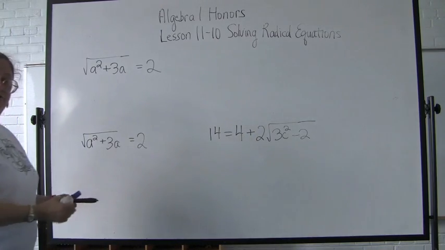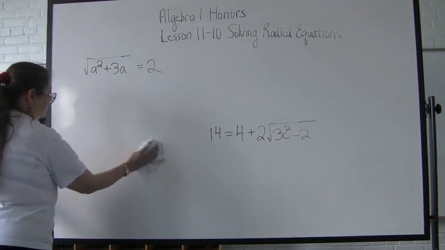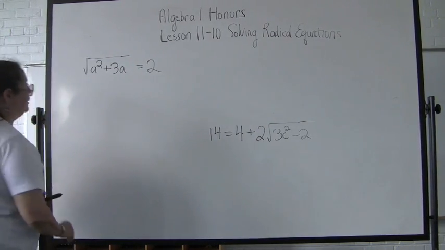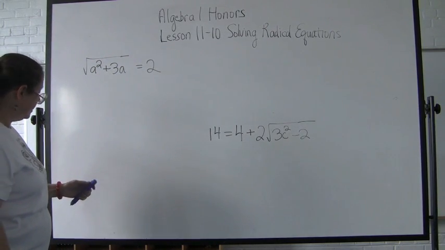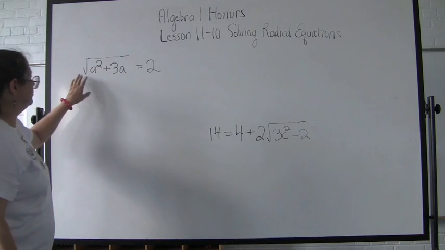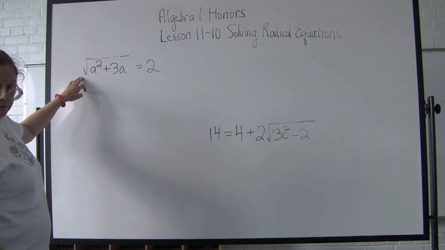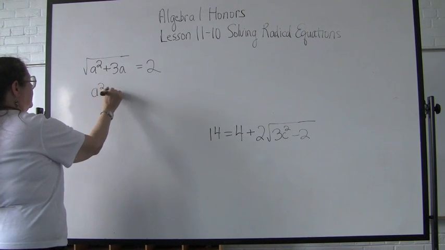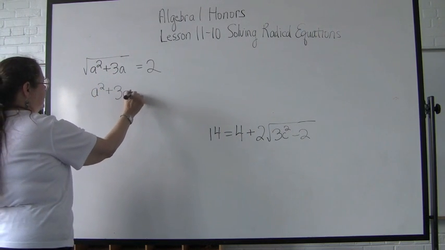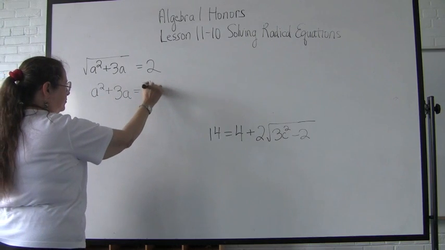Now, the radical is isolated. The radical's over there all by itself. It's kind of complicated underneath it, but the radical's here just by itself. So now we're going to get rid of the square root by squaring both sides. Square here, and I get a squared plus 3a. Square this side, 2 times 2, I get 4.